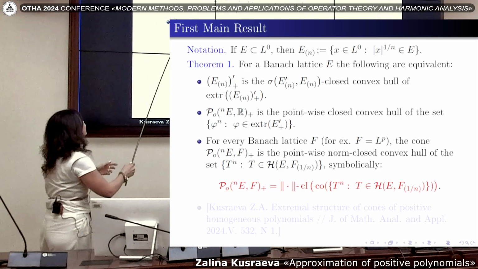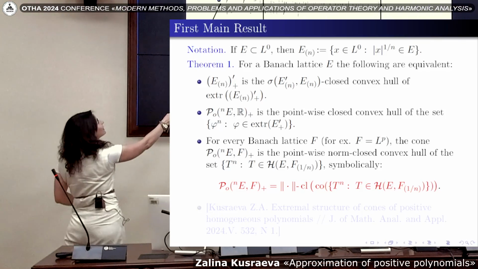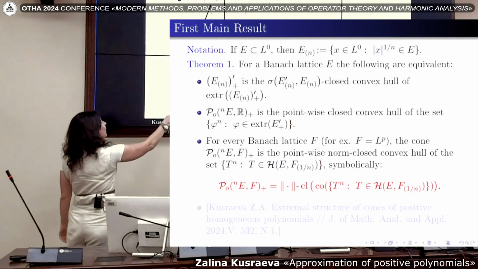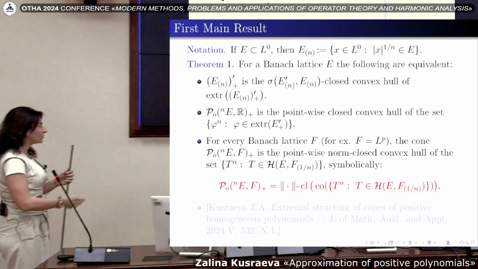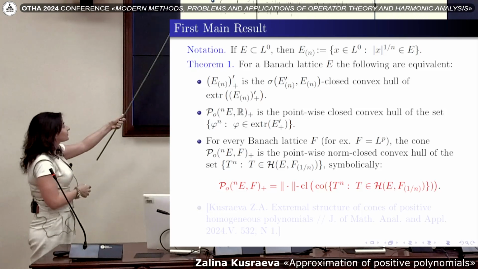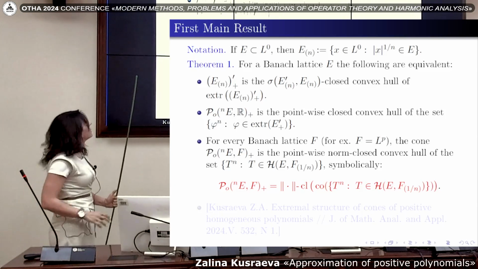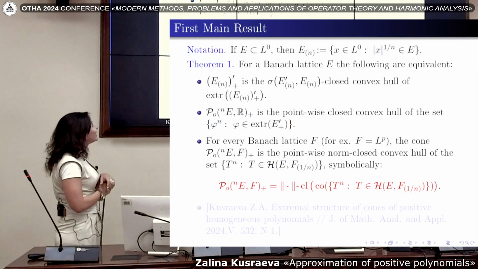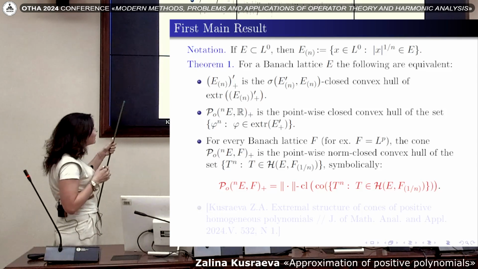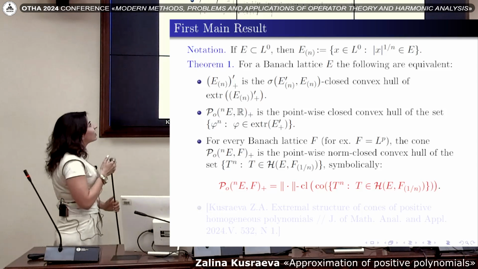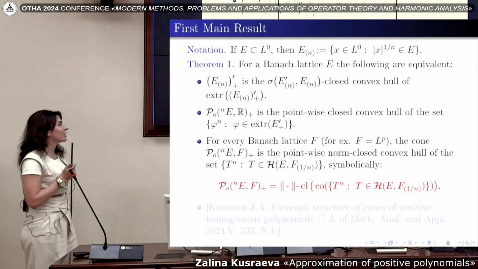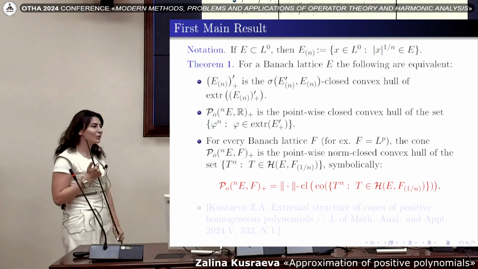The third condition and the second are almost the same, but in this case we work with orthogonally additive polynomials with values in a real space. And the first condition says that a linear operator defined on the power of a vector lattice is a pointwise closed convex hull of its extreme points. And by the way, for the proof, of course, I will not give a detailed proof.